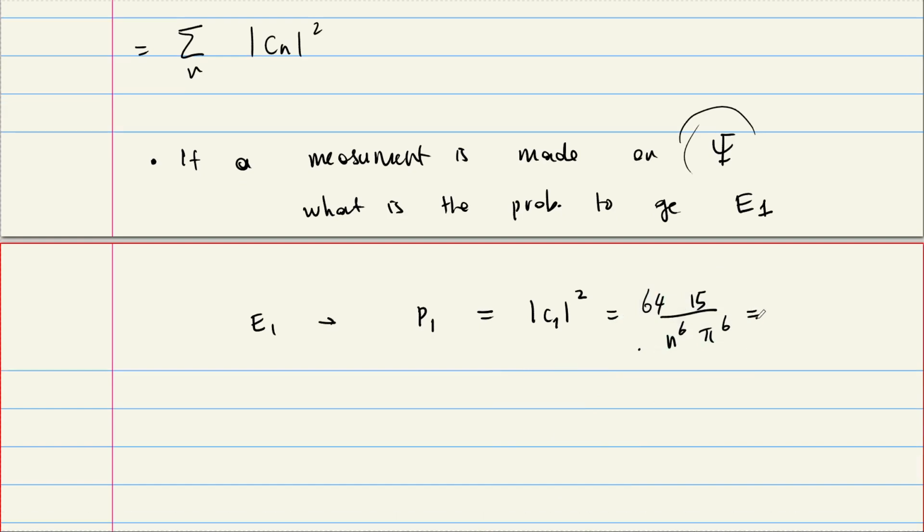You can put it mathematically, I found something like 0.99927. So a big portion of the state is actually ground state. Any questions?